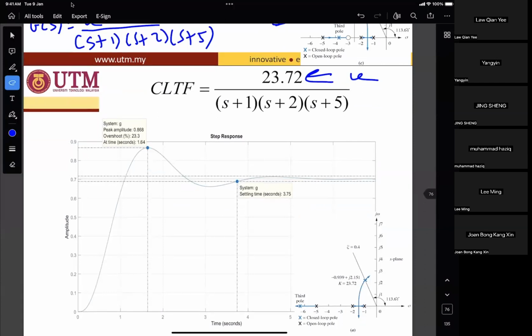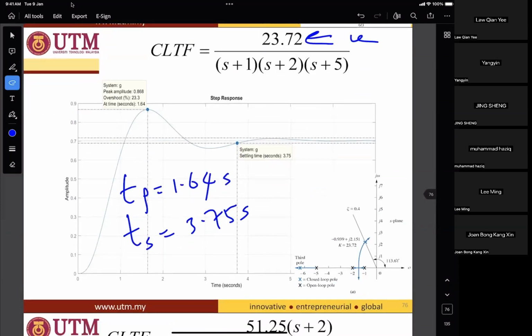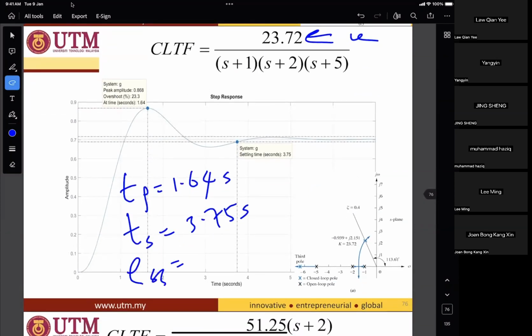So what do you observe? Peak time 1.64 seconds. Settling time 3.75 seconds. And steady state error, what is the value? 1 minus 0.7, 0.3. The error is 0.3.